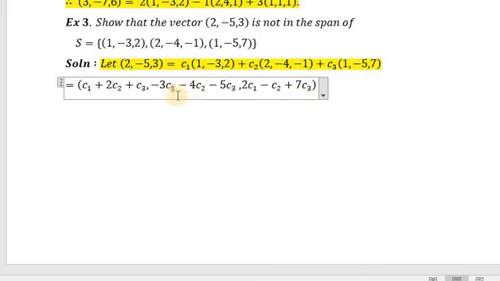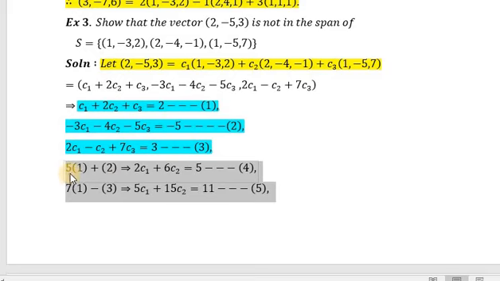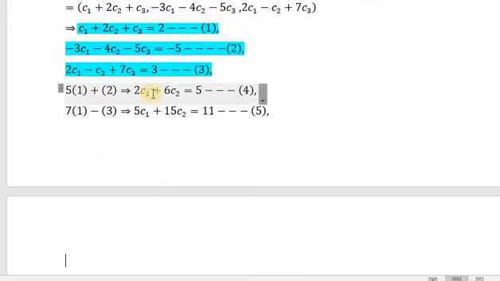By equating this to the given vector, we get the equations C1 plus 2C2 plus C3 is equal to 2, -3C1 minus 4C2 minus 5C3 is equal to -5, 2C1 minus C2 plus 7C3 is equal to 3.